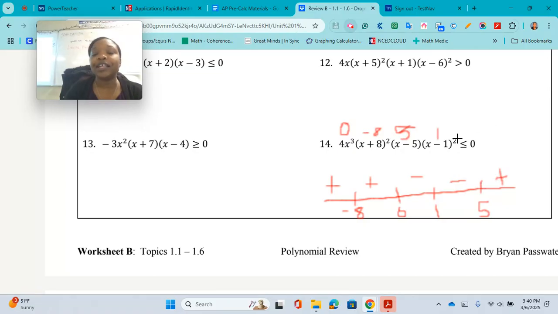Now, the inequality is asking for the values that are less than or equal to 0. So we're dealing with negatives and zeros, so we're going to have brackets. What's the answer? 0, 5.